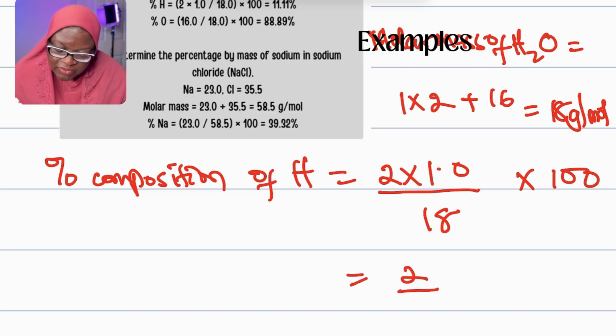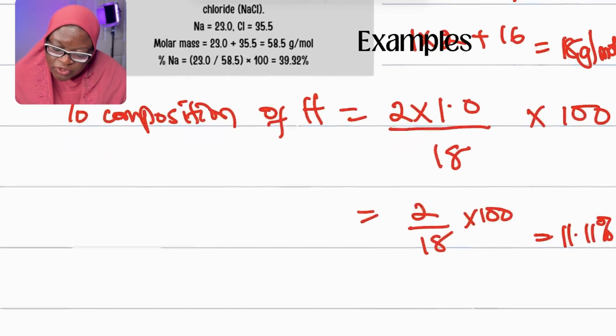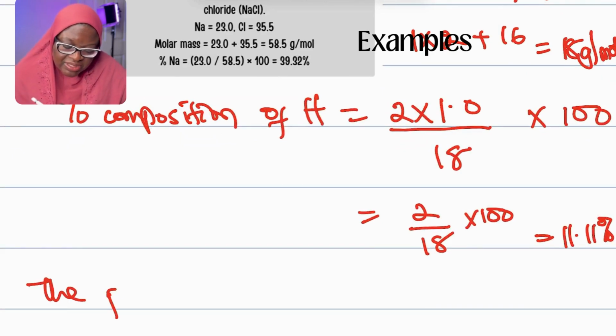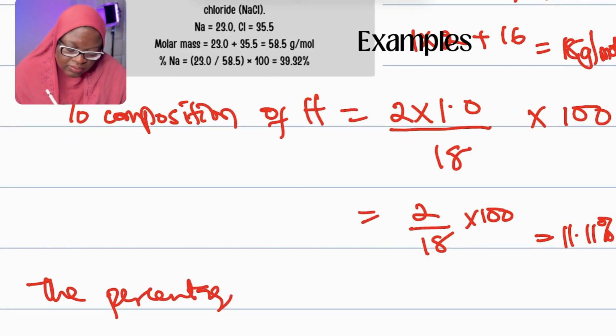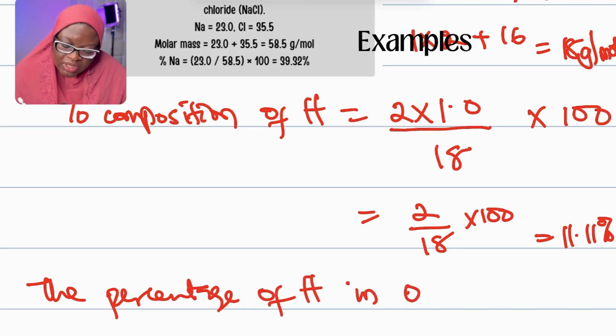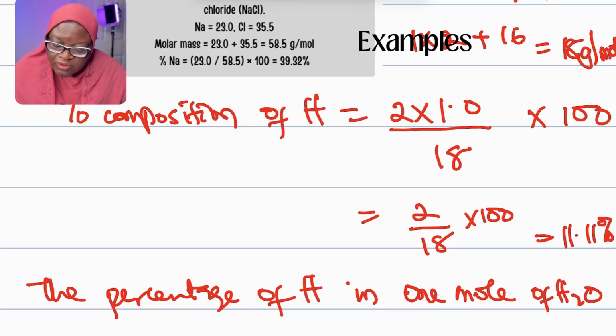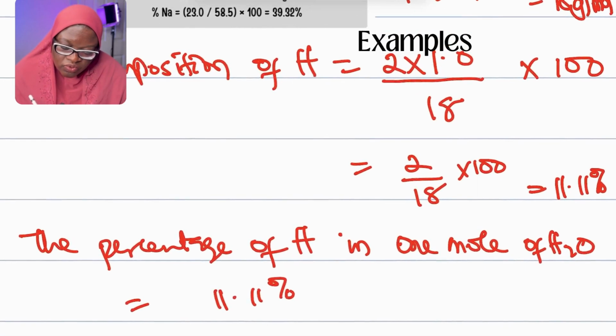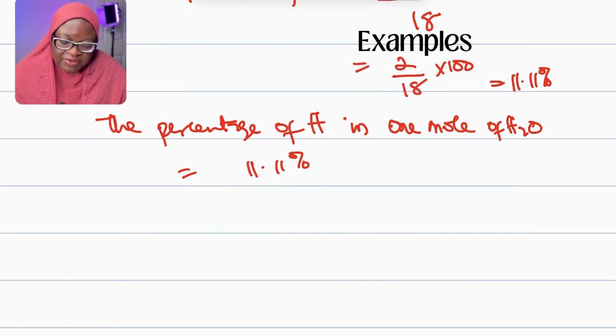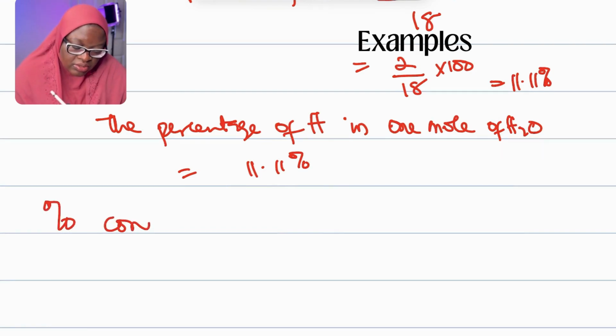That should give us 2 divided by 18 times 100, which should come to around 11.11%. So the percentage of hydrogen in 1 mole of water, don't forget that is important because we're dealing with just 1 mole of H2O, is 11.11%.